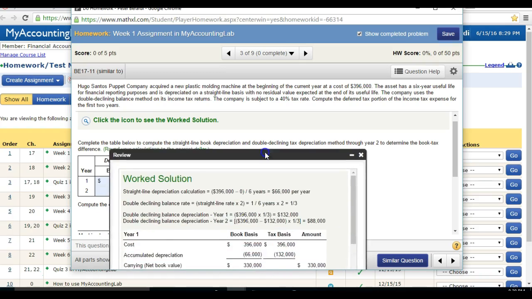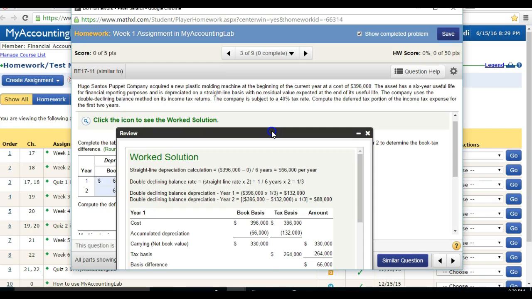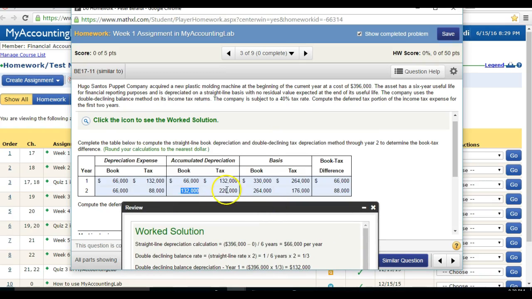Basically the book basis is 330, which should be the 396 minus your accumulated depreciation of 66,000, and then year 2 it's 396 minus your accumulated depreciation of 132,000, which is 264.